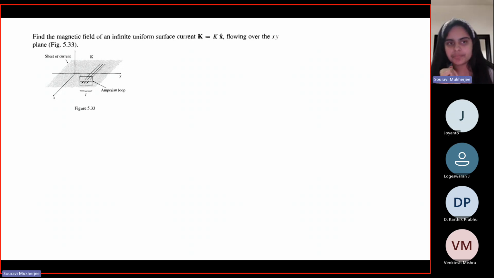Any idea, guys? It's analogous to how we had done it for a charge sheet. Like we solved for the case with two sheets, sigma and minus sigma, and all those kinds of questions, right? So it's a similar kind of case, but now it's a magnetostatics problem, right?